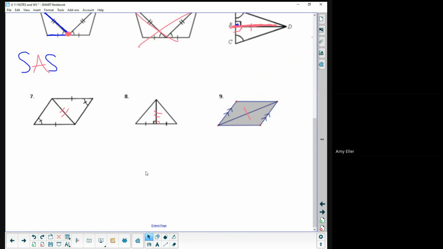Step 2, cover up one triangle. So you're even looking at that. Now go to step 3 and then 4. Angles inside.